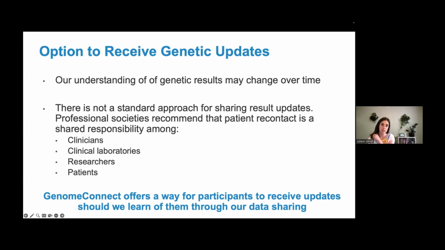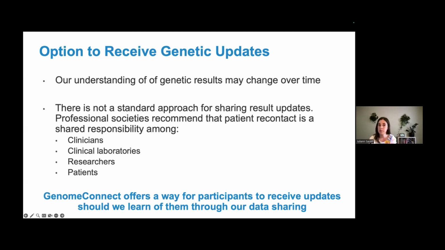There also is the option to receive genetic result updates as part of participation in GenomeConnect. As I've said a couple of times this afternoon, our understanding of genetics is evolving. It might change over time. For uncertain results, we hope to put them in a more definitive category. And even others that are already in a more definitive category, sometimes our understanding shifts as we learn more.